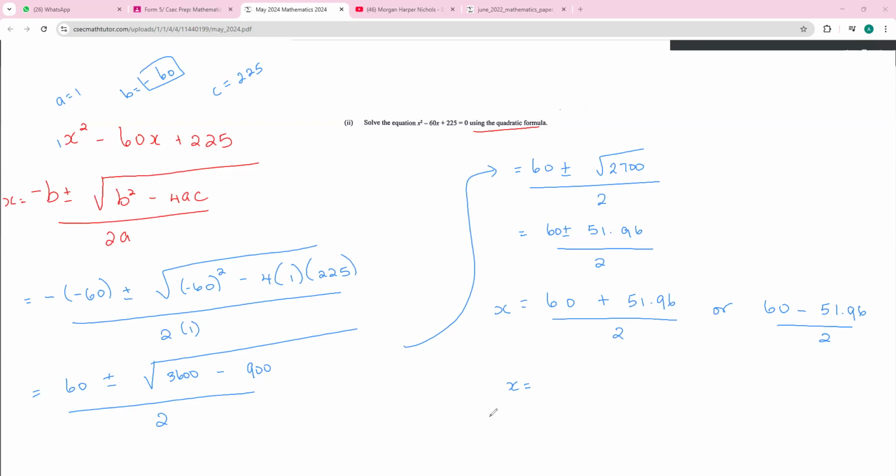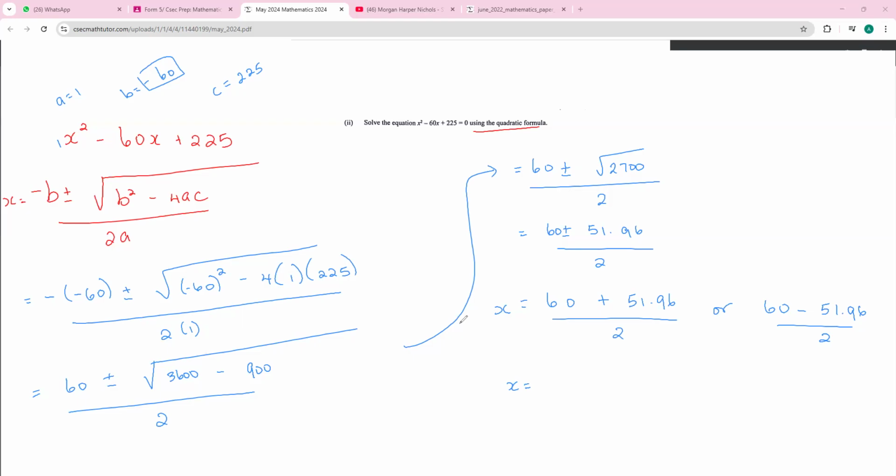All right, so I'm just using my calculator. 60 plus 51.96, then divided by 2.